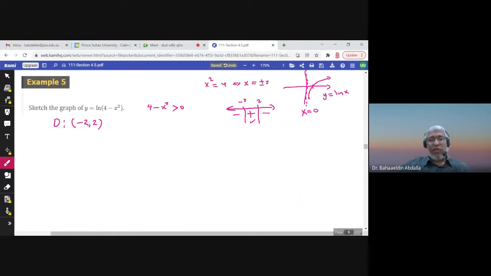So we have to discuss what happens at these ends of the interval. I have to see what the limit is when x approaches negative 2. I cannot approach negative 2 from the left, but I can approach it from the right for ln(4 minus x squared).